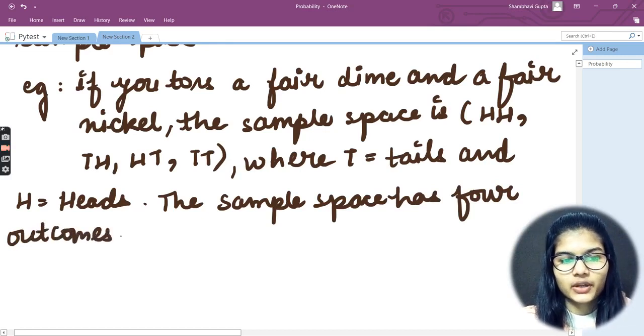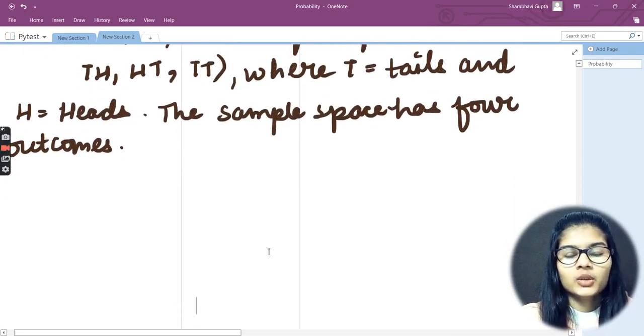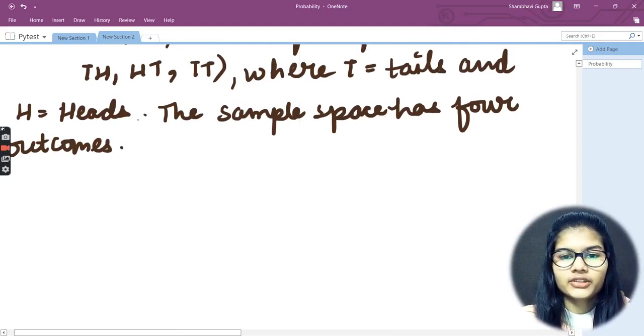The sample space has four outcomes. So what will be my A? If you toss a fair dime and a fair nickel, the sample space is head head, head tail, tail head, and tail tail, where T refers to tails and H refers to heads. The sample space has four outcomes in total.